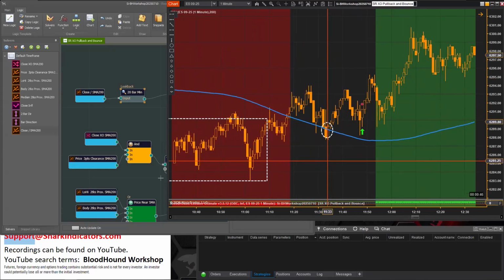Once we get this crossover here, now we can see the closing price has been above our SMA for at least 20 bars. And this long output denotes the 20th bar that the closing price has been above the SMA.